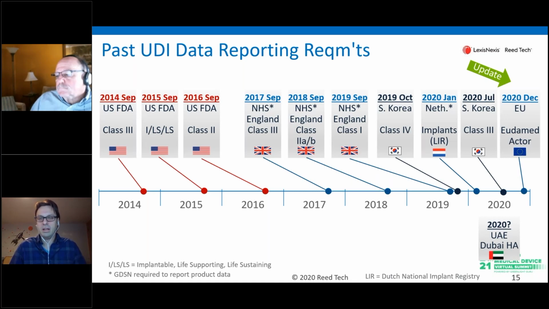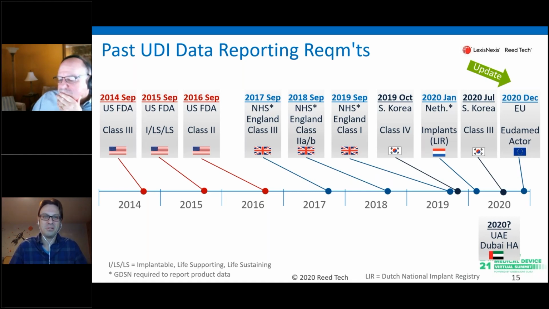And then notably from an EU perspective, with EUDAMED, although it's not the UDI submission yet, it's a significant milestone: EUDAMED going live with the first module, the actor registration module. So that's hot off the press. It's been live now for 8 days, I believe.